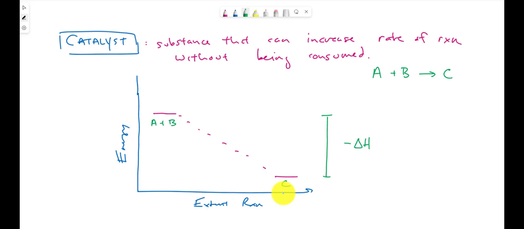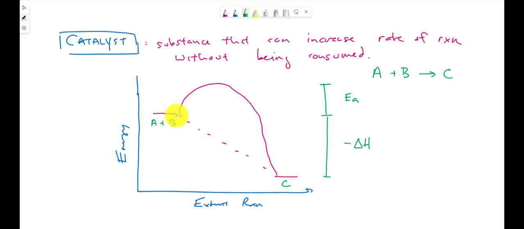But we know now with kinetics that energy isn't the whole story. There's also the rate at which A and B proceed to C, and they proceed through that barrier that's known as the activation energy, or EA here. Before A and B can proceed to that low energy state, they actually have to get up to this higher energy transition state geometry before they can fall back down that hill.